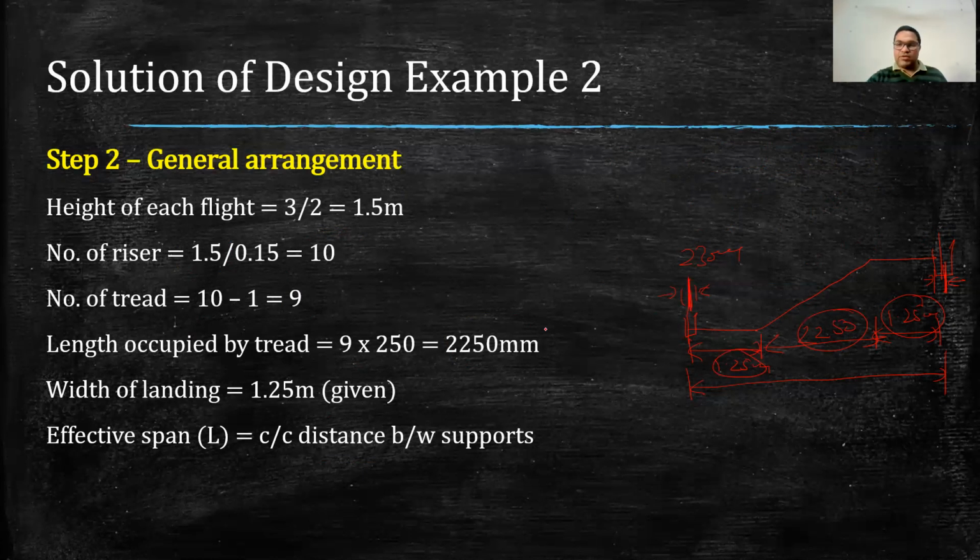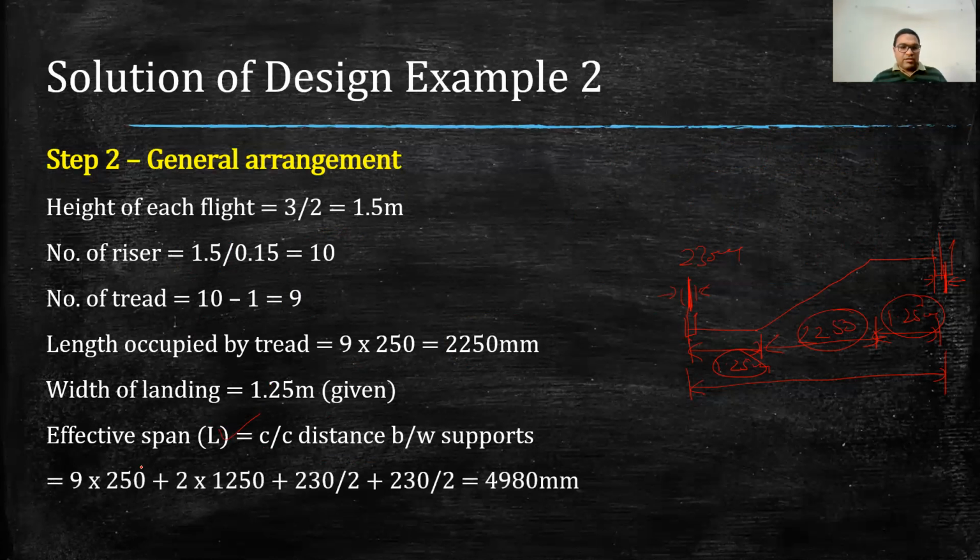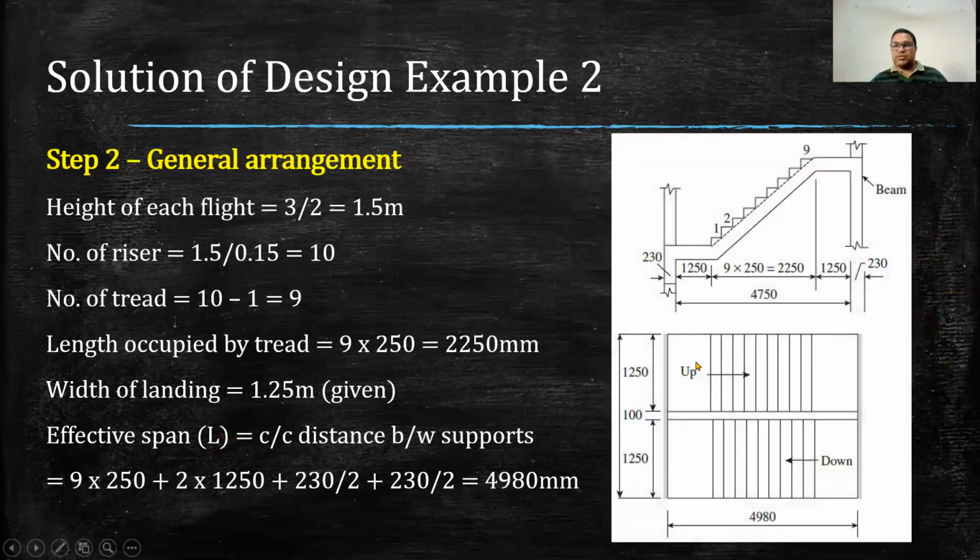All these things will be included while calculating the value of effective span. So that is what I have taken: the length occupied by the treads and the length of landings, and half of one support and half of the other support. So the total length becomes 4980.